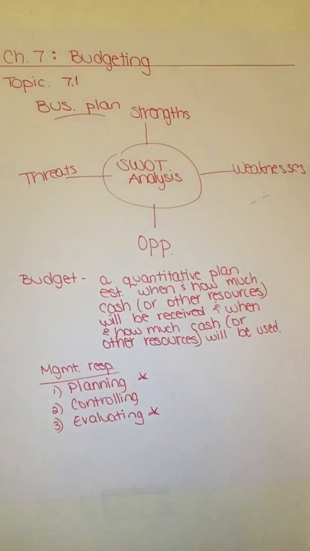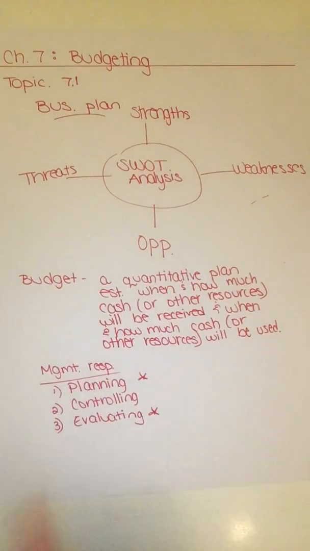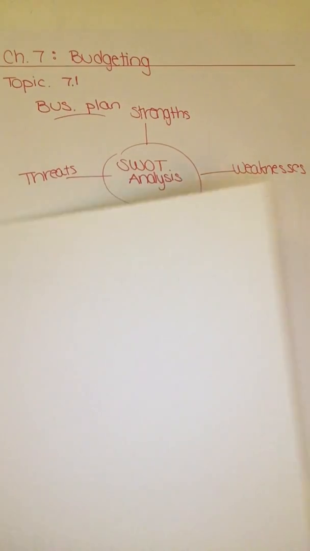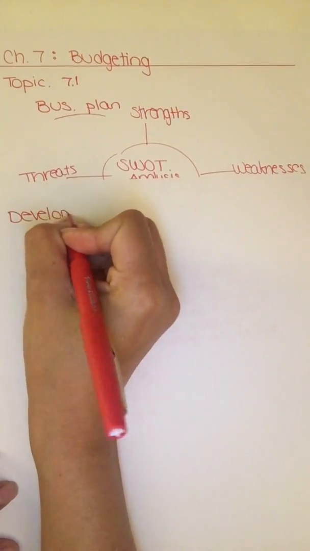All right, continuing on. So we talked about what a budget is, how it can help management, and specifically address those management responsibilities we talked about at the beginning of the semester. So now we know that, let's address how to develop a budget. So budget development.